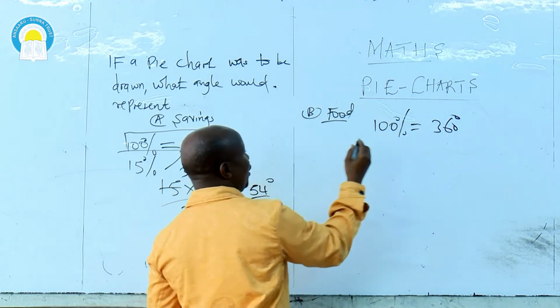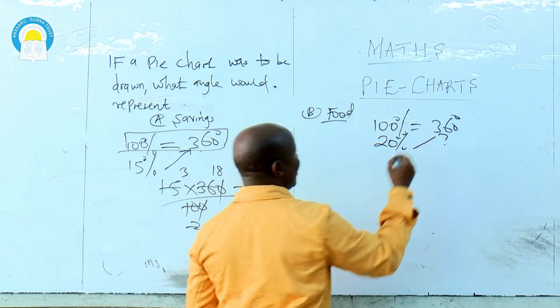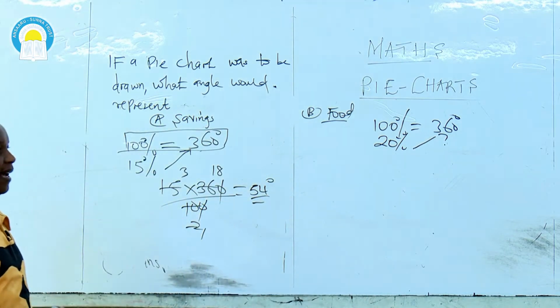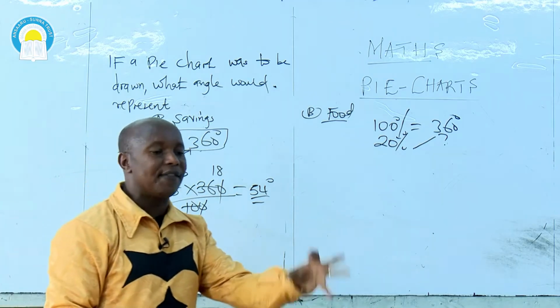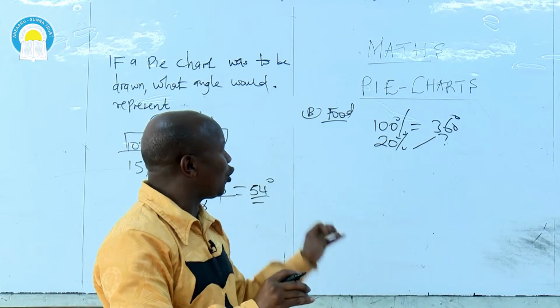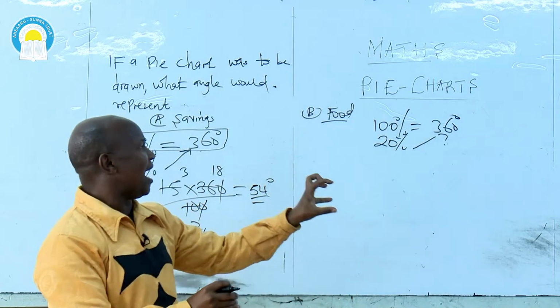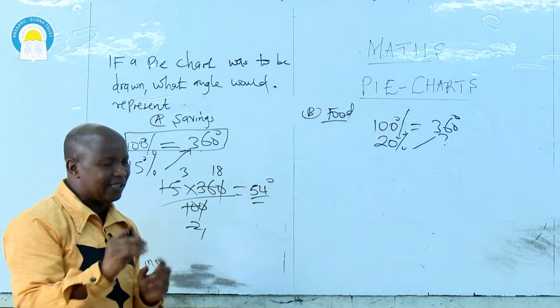What about food, which was only 20%? So how many degrees will represent food? In my case here again, you cross multiply. But I want you to note the basic and important stem of that question. You must be able to equate the number of degrees and the total percentage. They must be equivalent.